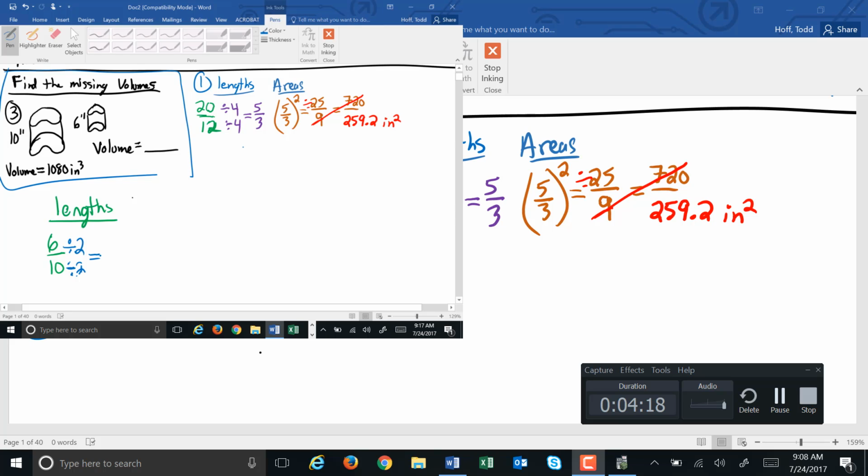So yes, both of those have that ratio. It could be either 6 to 10 or 10 to 6. And both of them can be reduced by 2 just to make this next step easier. So that reduces to 3 over 5. So now for volumes, what do we do?